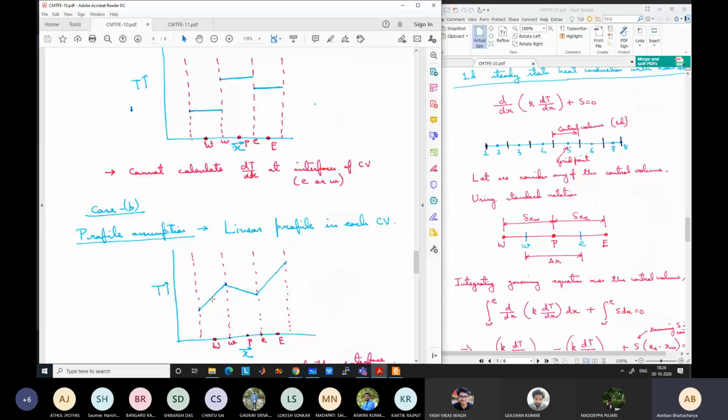But the lines have such a slope that the temperature at this point matches the temperature of the next grid point. So there is no discontinuity in the temperature, but now there is a discontinuity in the slope. Although temperature is continuous, slope is discontinuous.